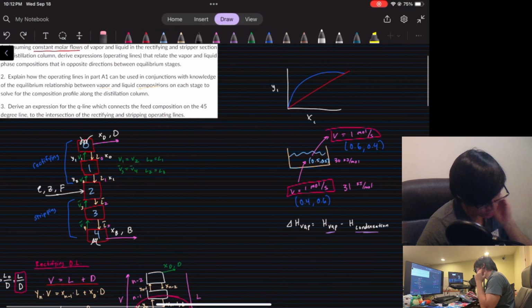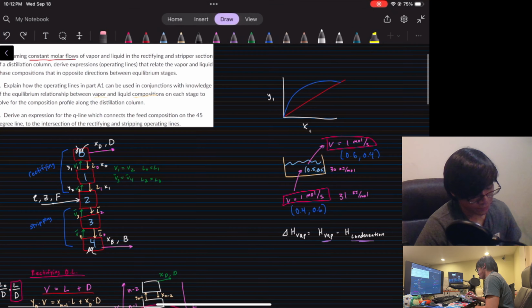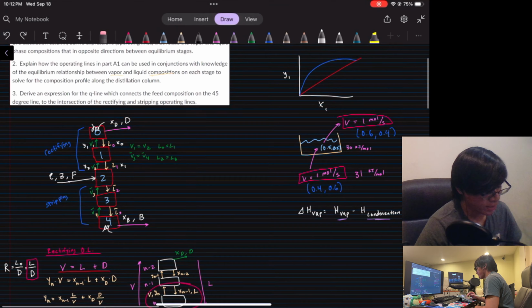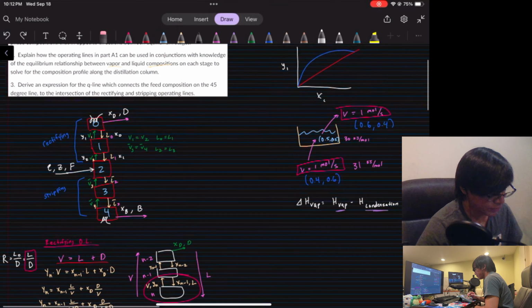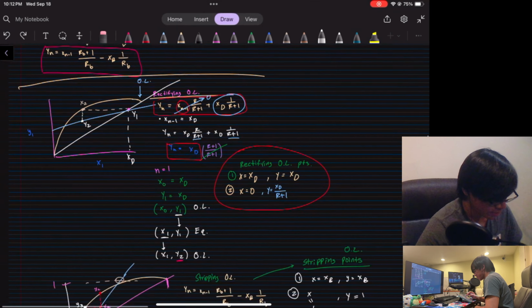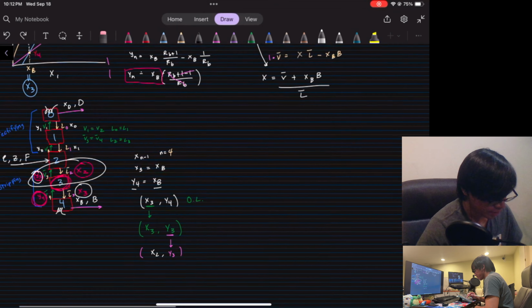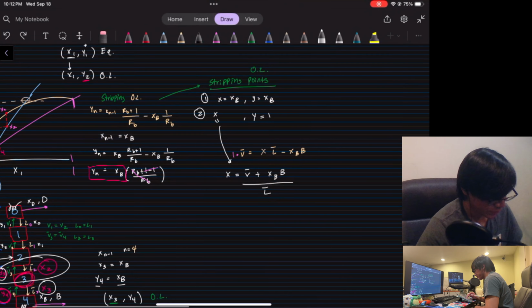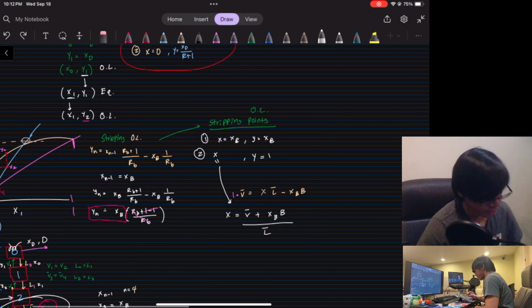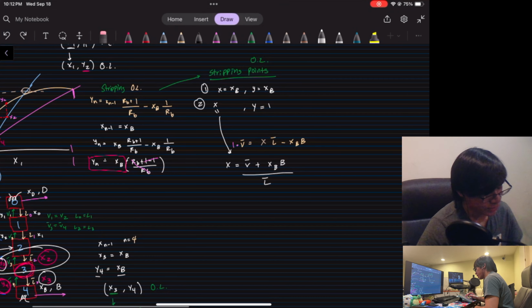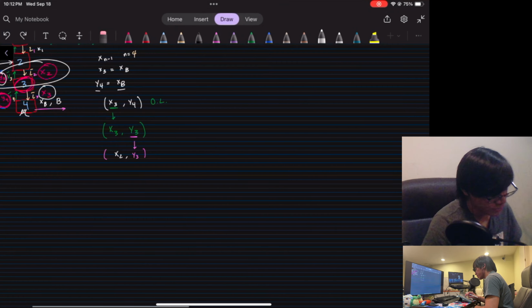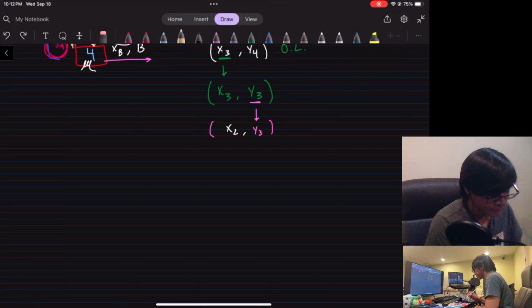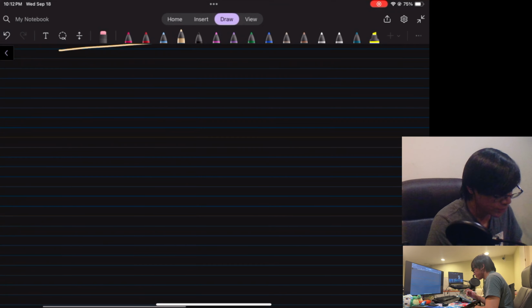This is me just knowing, but the Q line starts on the 45-degree line. I think it's relating our intersections to Q. Let's just take a stab at this. Not really too sure where this will go.